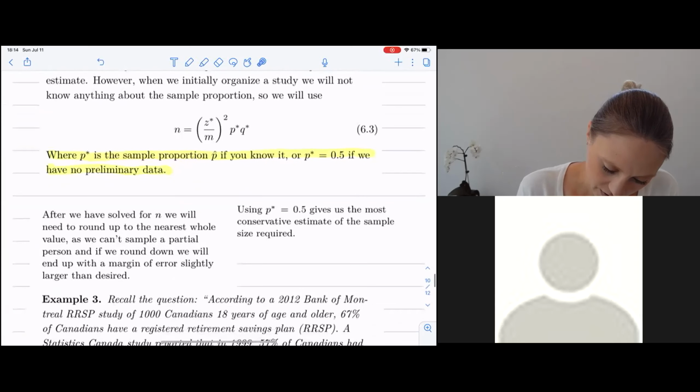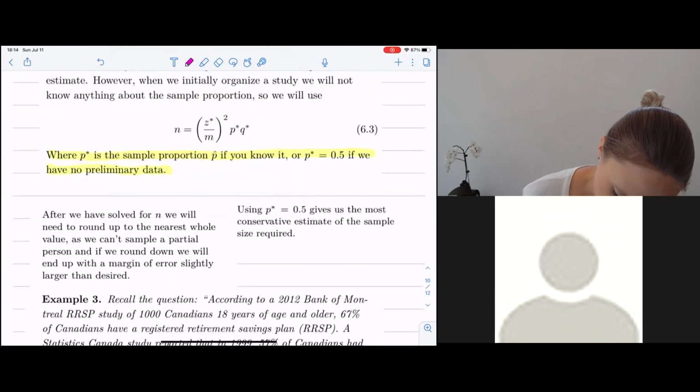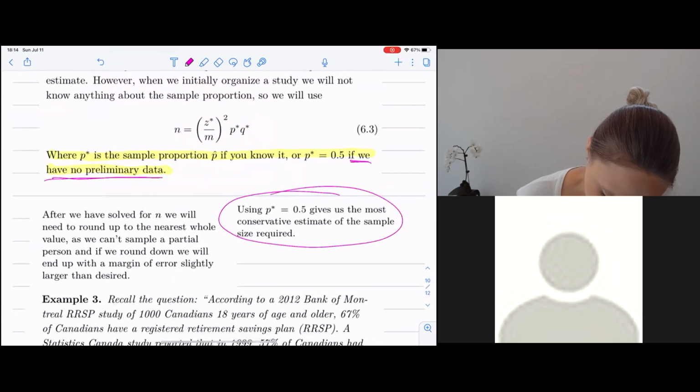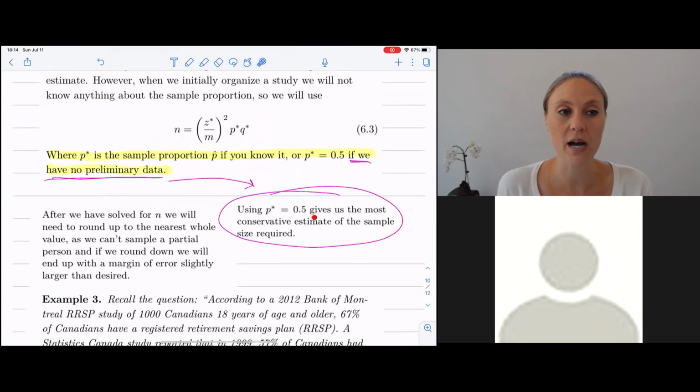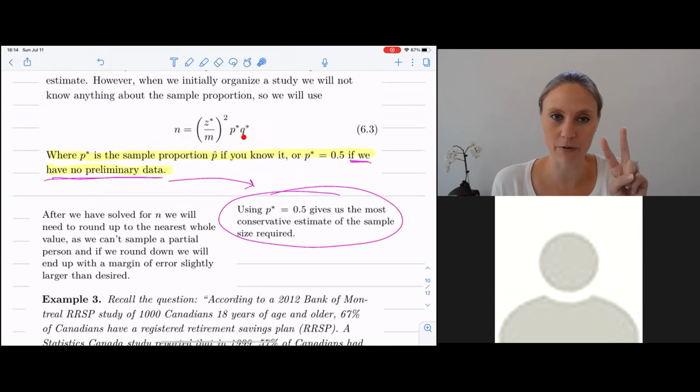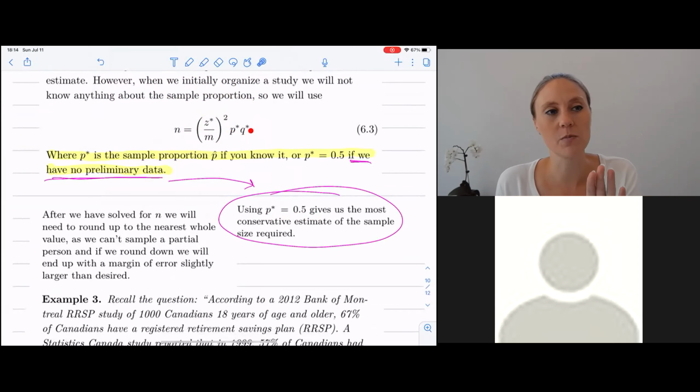Okay, and so here, if we have no preliminary data, the reason for that is this: using P star equal to 0.5 gives us the most conservative estimate of the sample size required. And you can play around with it, right? You could try 0.5 times 0.5, a 50-50 split, or 0.6 times 0.4, because remember, P is the probability of success and Q is the probability of failure, so they're always just going to add up to 1.